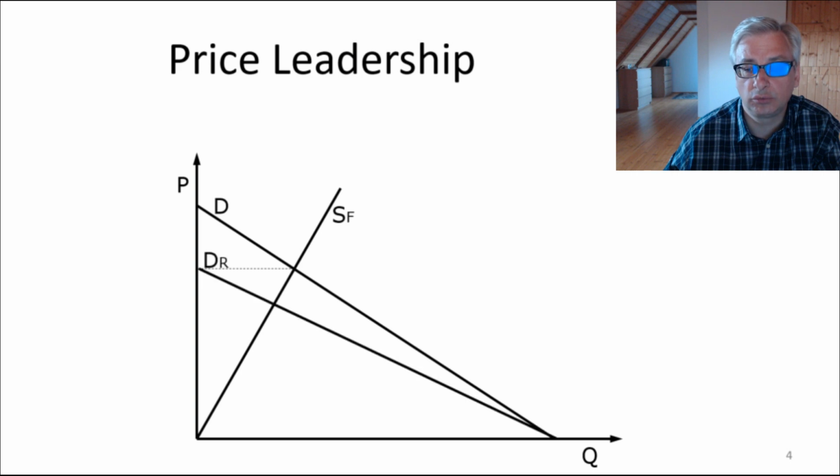And this is what we call residual demand. This is demand for the leader's production. Residual demand is the demand that is left for the leader once the follower is already satisfied.